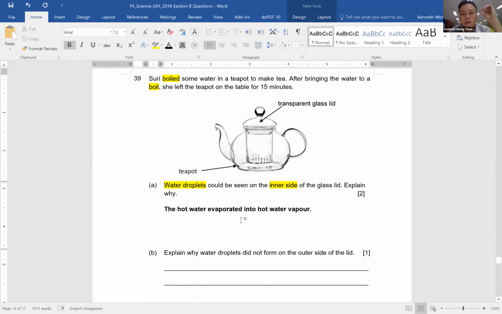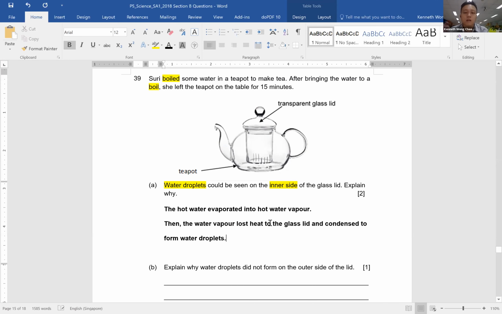All right. So, same thing as what I did yesterday and in the morning for 5P. Always ask yourself, where did the water vapor come from before it condensed? In this case, the hot water is the one that formed the water vapor. Then the water vapor lost heat to the glass lid and condensed to form the droplets.